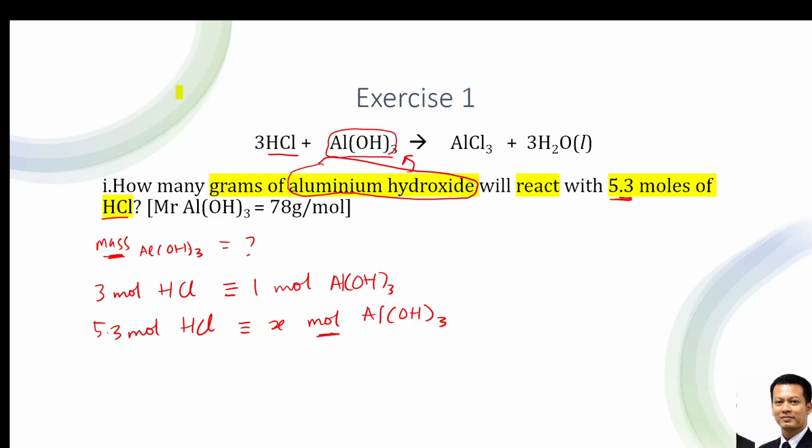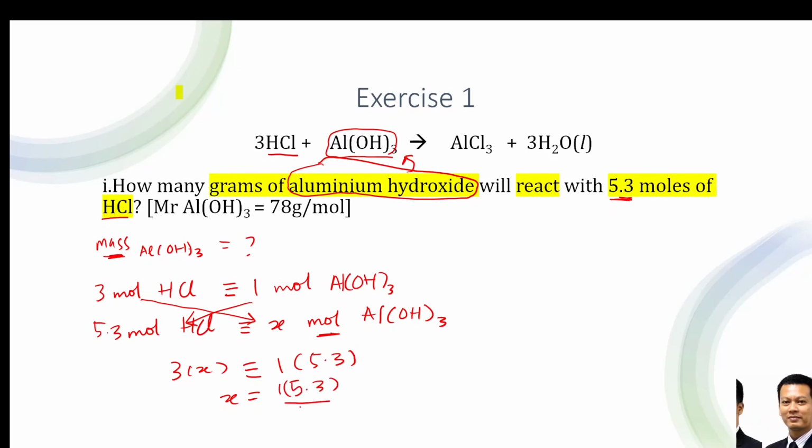You need to find mole, and then we are going to relate to mass. So let's try to find mole first. 3 times x and 1 times 5.3. This one is cross product. So 3 times x equal 1 times 5.3. So x equal 1 times 5.3 over 3.